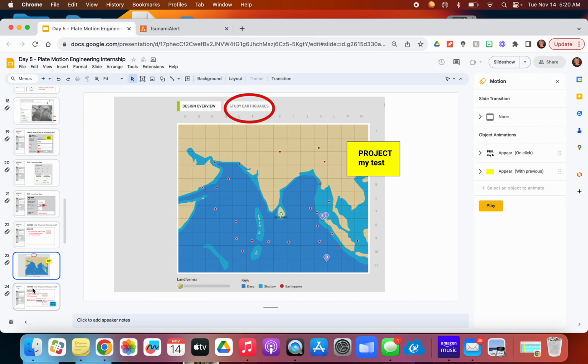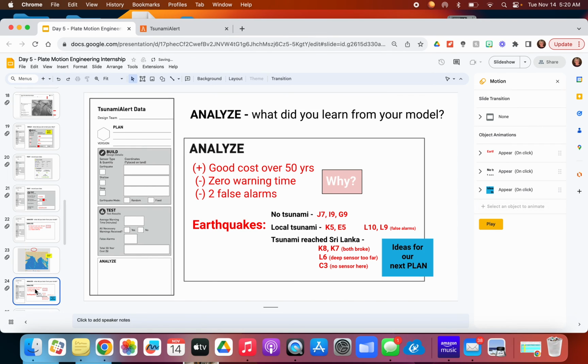So what you have to do then is come back to your analyze. Everything that you've just seen, it's common human nature for us just to look at it and want to fix it and just move on. I need you to really put down on paper what you saw. This is the analyze part.